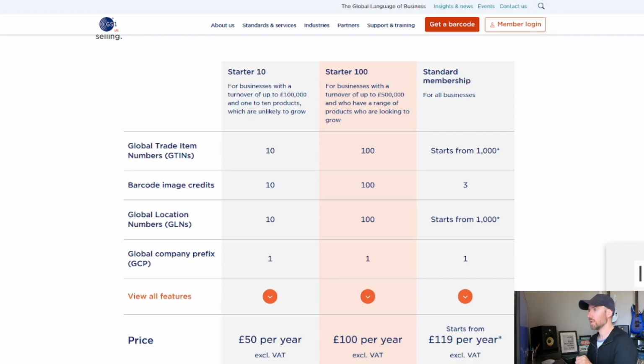So as you can see here, in the Starter 10 package you get global trade item numbers of 10, barcode image credits 10, global location numbers 10, and so on. And this grows to 100 in the case of Starter 100, and it starts from 1,000 when it comes to the Standard Membership for all businesses. But of course, here we are talking about big, massive corporations, because this is effectively for any business whatsoever.